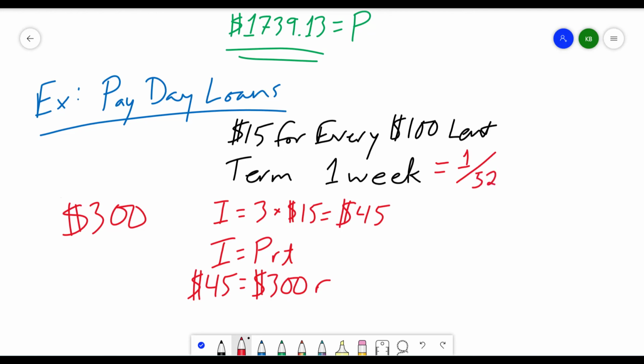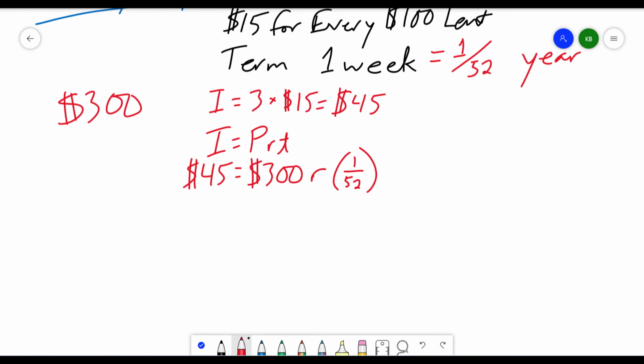So 1 out of 52 years, 1/52nd of a year. So this is times 1/52, right? So then I can solve this for the rate and find out just how good or bad this option is.